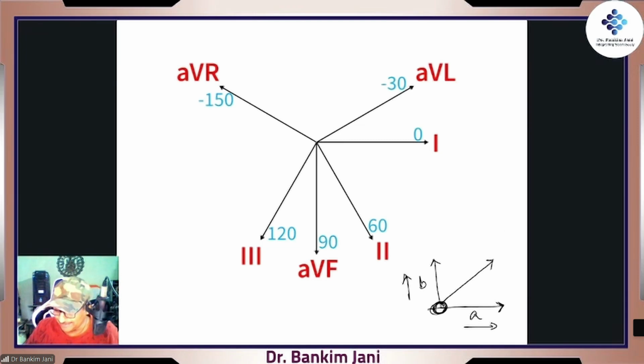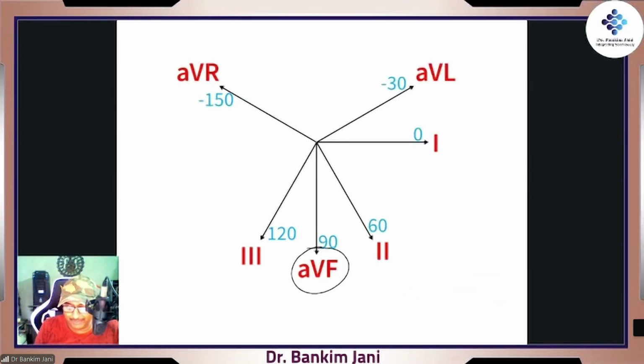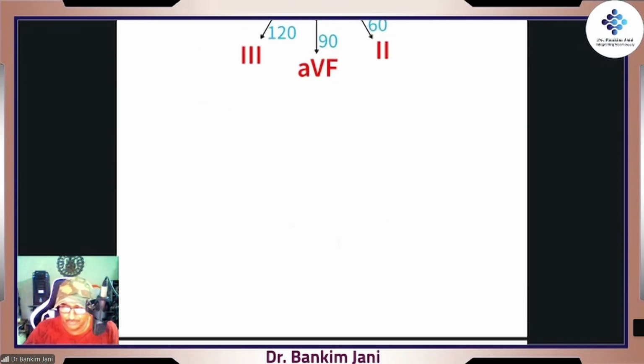I'll say honestly, in the initial days when I was trying to understand this, right, I couldn't really find out that why these angles, minus 30, 90, 150, why? Right? You understood it really very fast. See, what was AVF? What was AVF? AVF was, right, all you need to do is draw this.